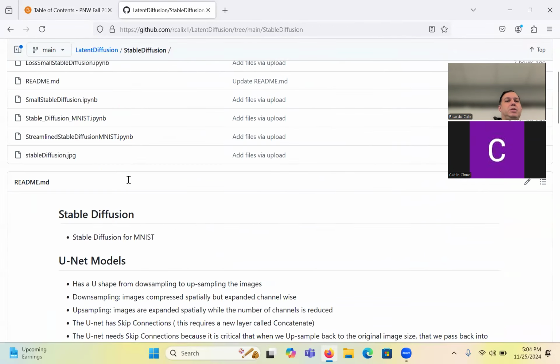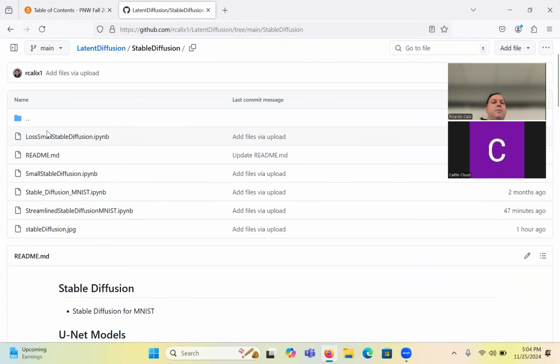I also added some additional Jupyter notebooks. This one, loss small, is one that we're going to cover today, and it just goes over how the loss function works and what the objective is to train a stable diffusion model.